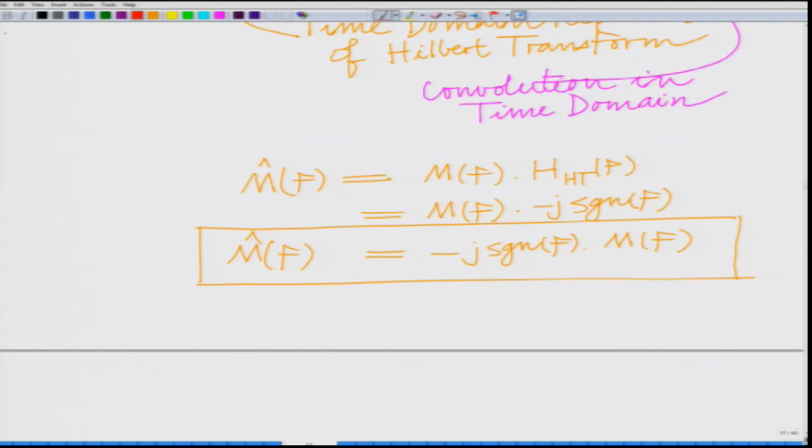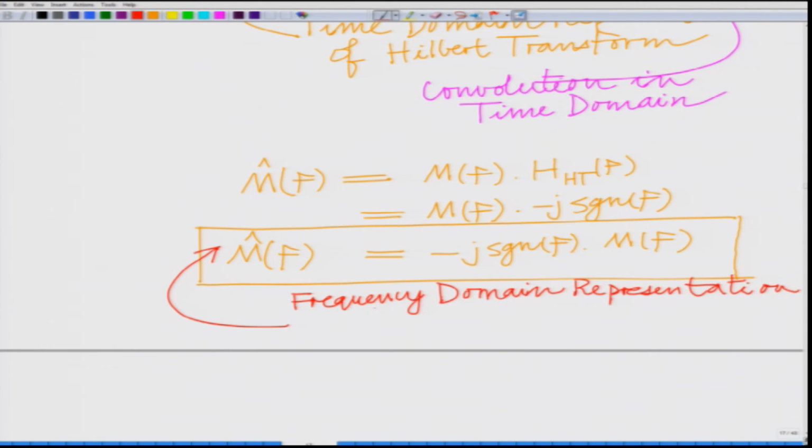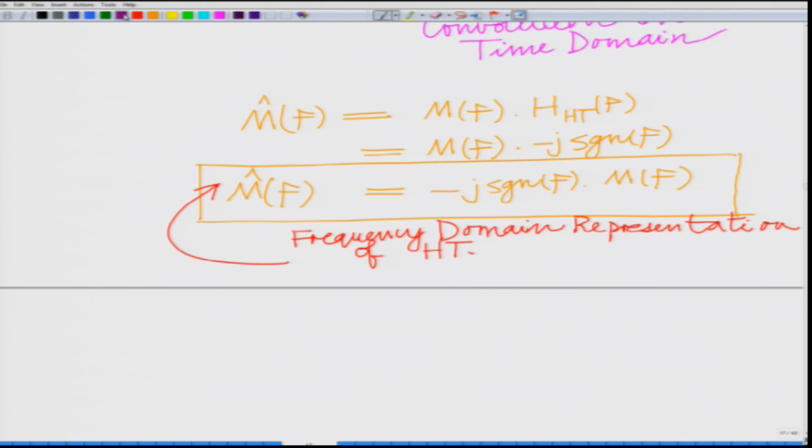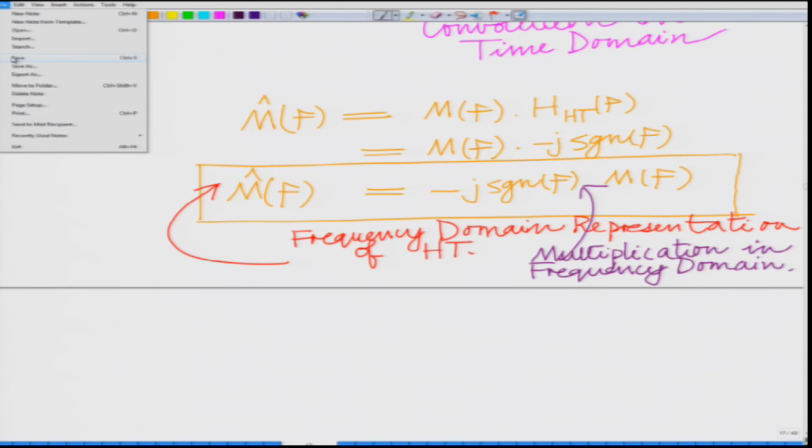So, this is the product in the frequency domain. This is the frequency domain representation of the Hilbert transform, and this is a multiplication in the frequency domain.